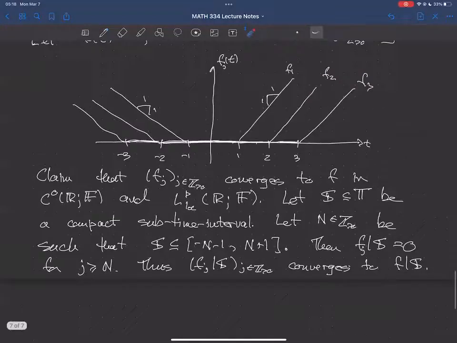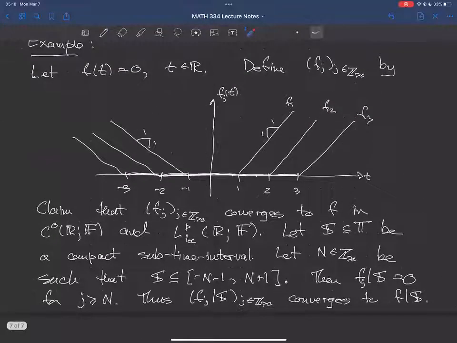And so the point is that this is a kind of weak notion of convergence. It's definitely not anything like uniform convergence. What it is, though, is when p is equal to infinity, it's uniform convergence on every compact subinterval. And when p is not equal to infinity, it's convergence in the p norm for every compact subinterval.